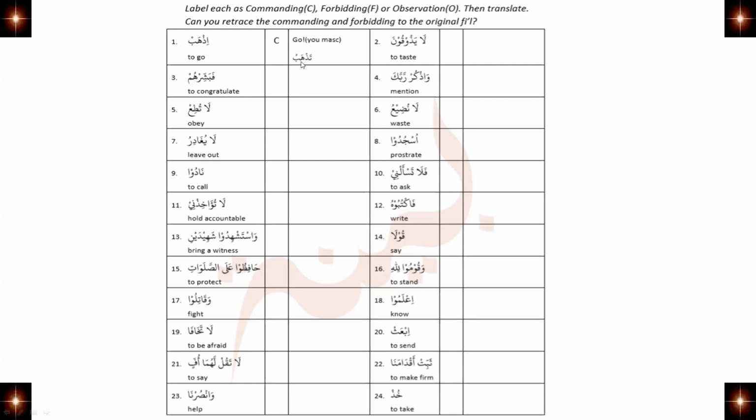Note, it's not yazhabu, it's not yazhabani, it's not yazhabuna, it's not azhabu, it's not nazhabu. It has to be ta. You remember the ta thing? That is the only place that you can do a command. Those pronouns: tazhabu, tazhabani, tazhabuna, tazhabina, tazhabani, tazhabna. All the ta.